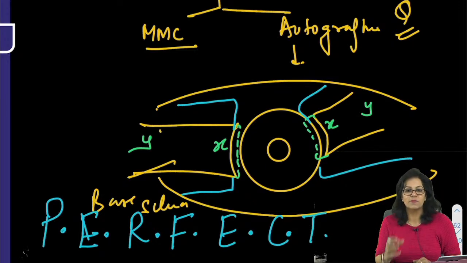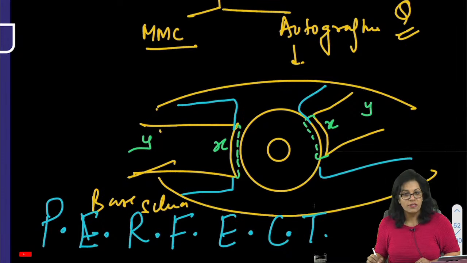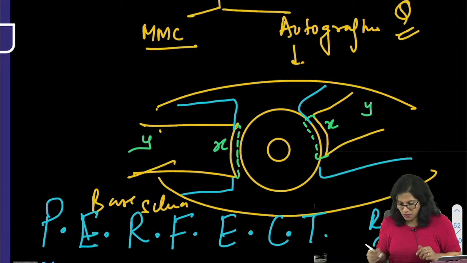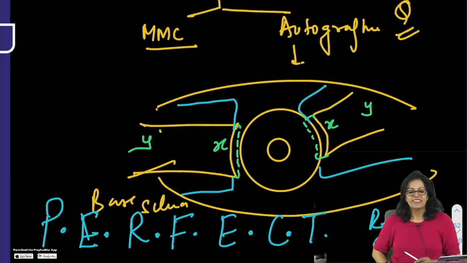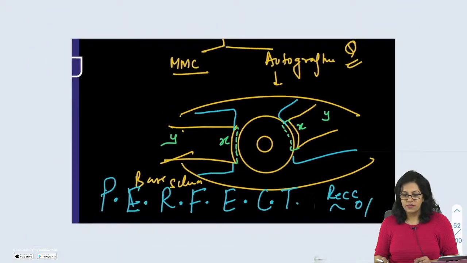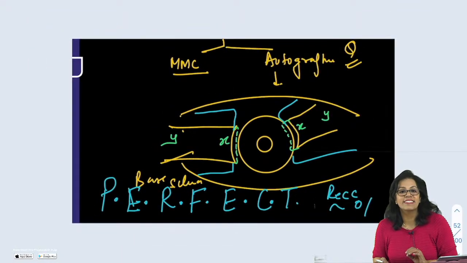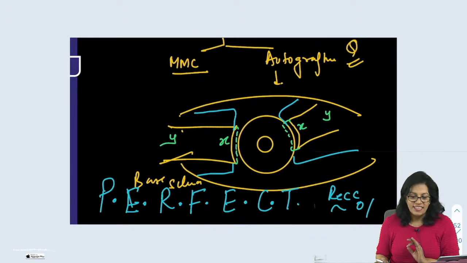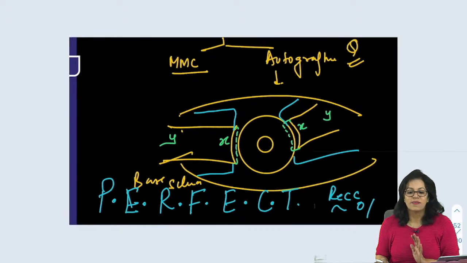We see that if we are doing this, our recurrence is almost 0.01%. So, it is almost 0%, not exact 0. So, recurrence becomes almost 0. This is perfect surgery, pterygium extended resection followed by extended conjunctival transplantation.